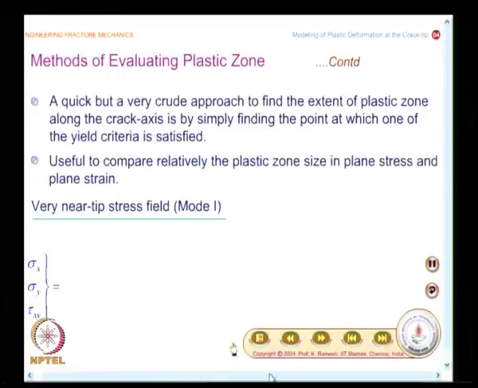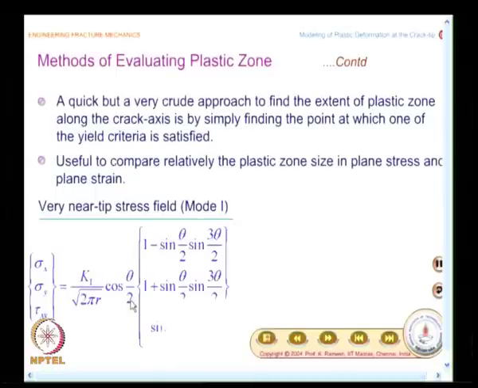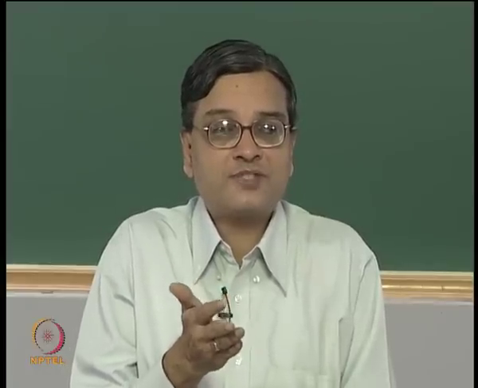And I had mentioned earlier, for the rest of the course we will worry only about the singular stress field, and you know this singular stress field for mode 1 crack. And if I have to go and find out the plastic zone, the first step is you have to determine the principal stresses. Now you have the stress field, you know how to find out the principal stress from this.